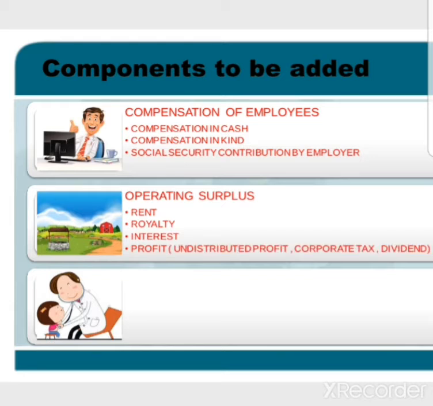Profit is further divided into three components: undistributed profit, which is retained by the entrepreneur; corporate tax, which is paid to the government out of the profit earned; and dividends. These are the components which are earned by the four factors of production, namely land, labor, capital, and entrepreneur.